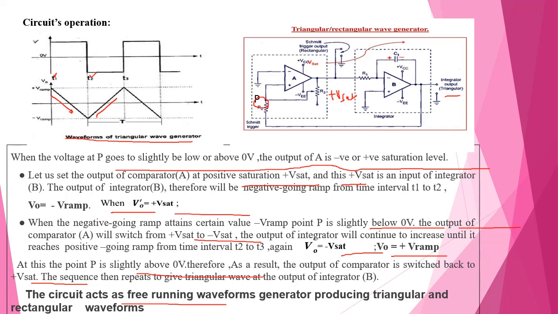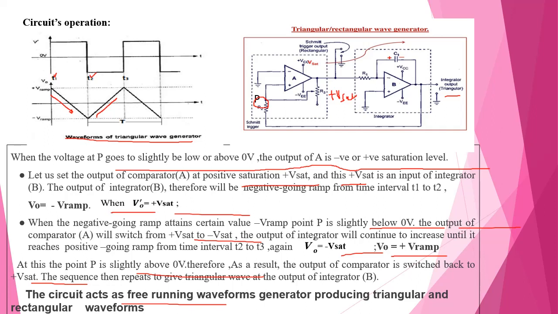Therefore, when V0 dash is the output of the comparator, V0 is equal to minus V ramp. When the negative going ramp output, minus V ramp, reaches the point P, the voltage at point P is just slightly below 0 volt.